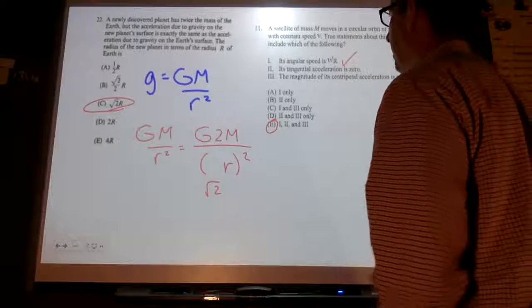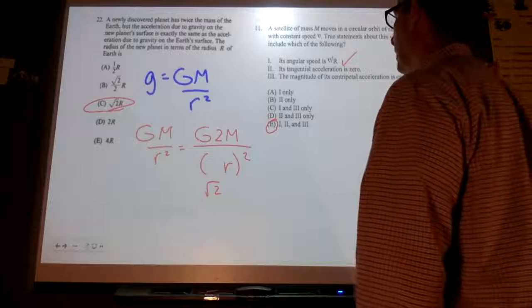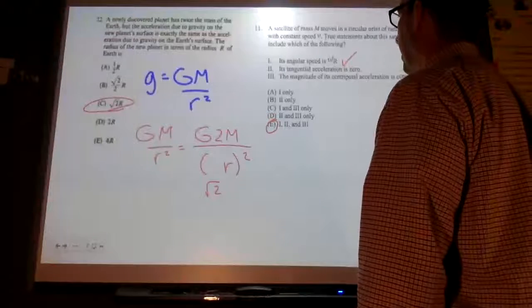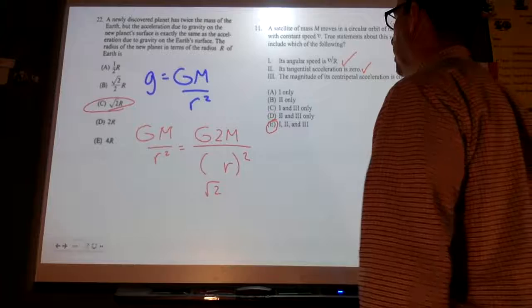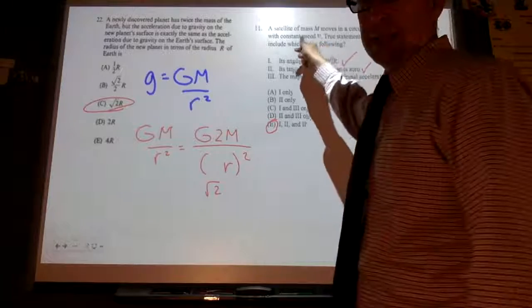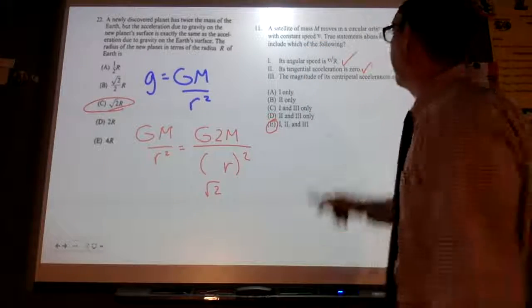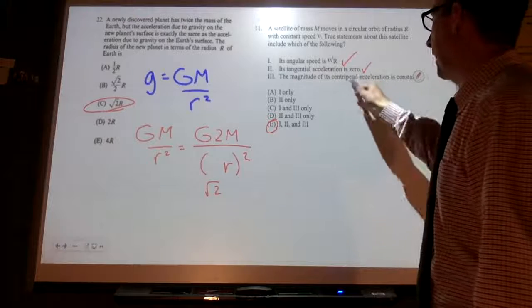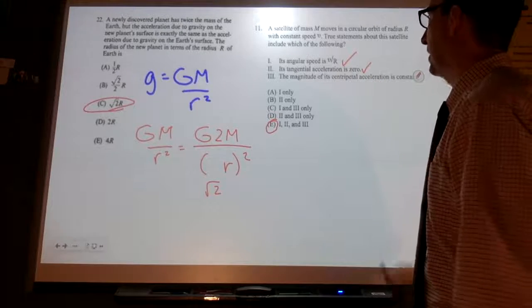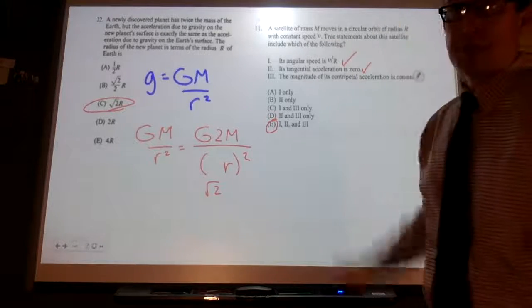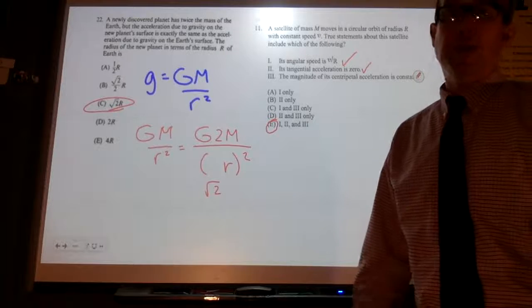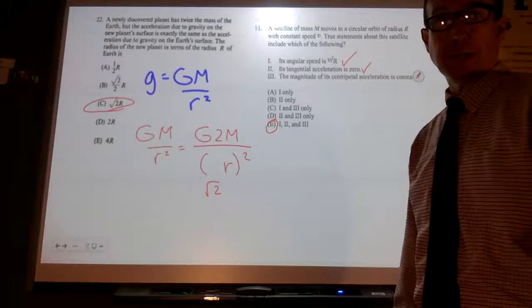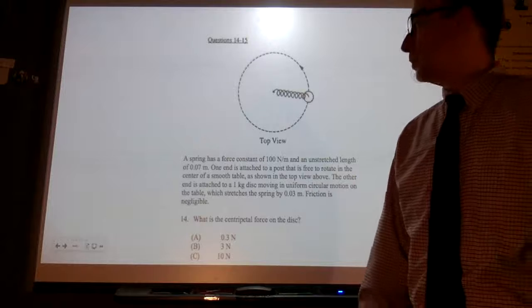We haven't covered angular speed yet, but like I said, it's the velocity divided by r. Its tangential acceleration is 0 because its speed isn't changing. It's not speeding up or slowing down. And the magnitude of its centripetal acceleration is also constant because its radius isn't changing, nor is its speed changing. Now, the direction of it is always changing, but that's going to be all of them.